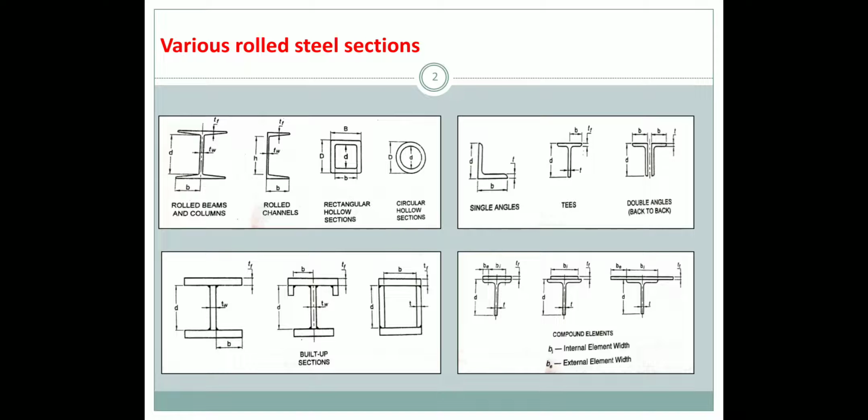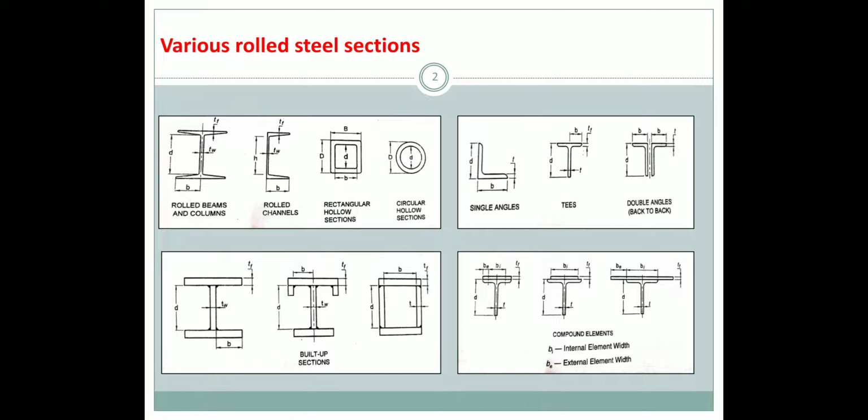If the lengths vary, it is called an unequal angle section. T rolled sections are also there. Again, unequal angle sections placed back to back. Next, angle sections placed toe to toe.